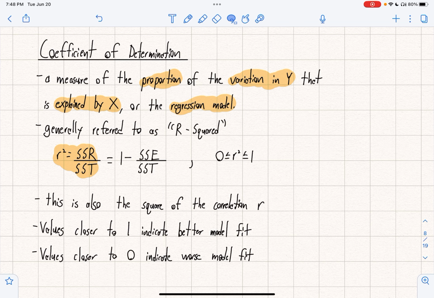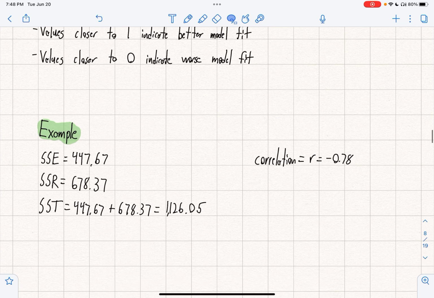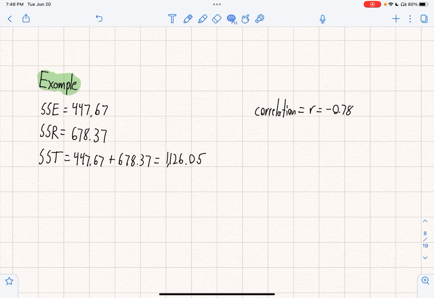So let's go ahead and return to our running example. This was all calculated with Excel. Like I said, we will not be doing calculations by hand when it comes to sum of squares. But let's go ahead and calculate r squared. As we just said, r squared is the regression sum of squares divided by the total sum of squares.